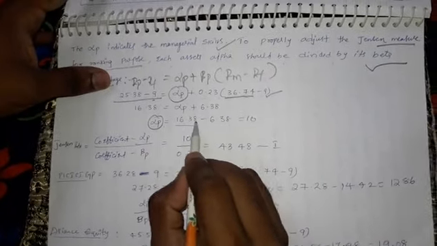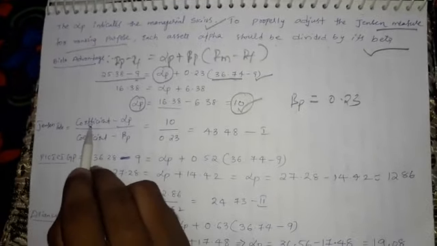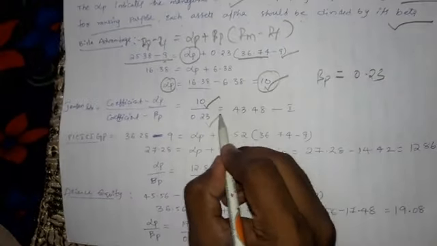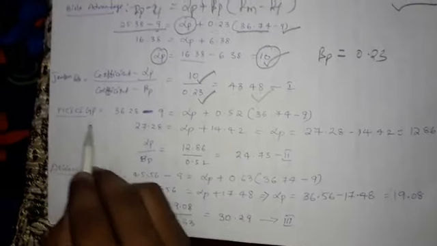So we get alpha p equals 16.38 minus 6.38, we get 10. Now as you know the values of alpha p and beta p, for Birla Advantage beta is 0.23. Then Jensen's index equals coefficient of alpha p by coefficient of beta p, that equals 10 by 0.23, that equals 43.48.